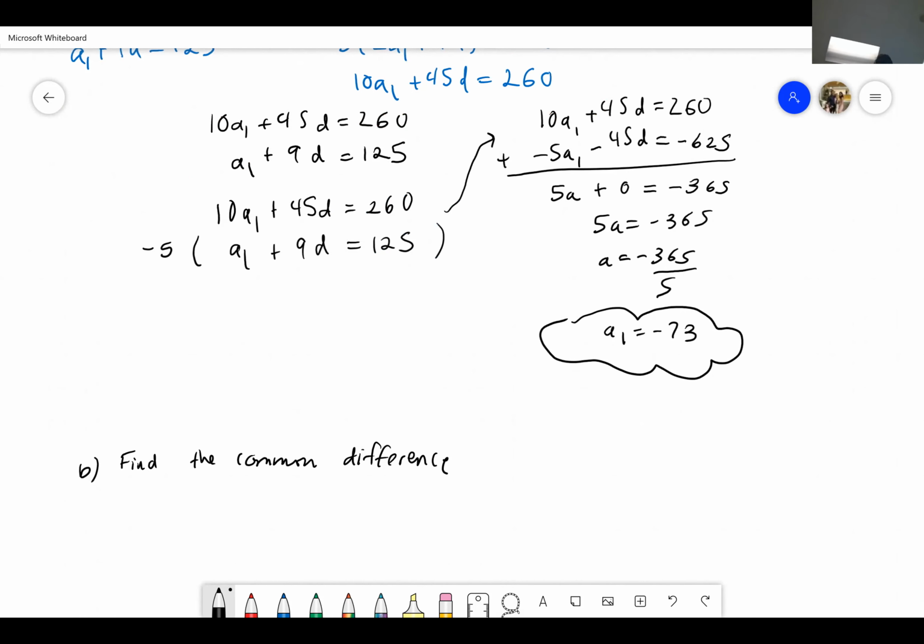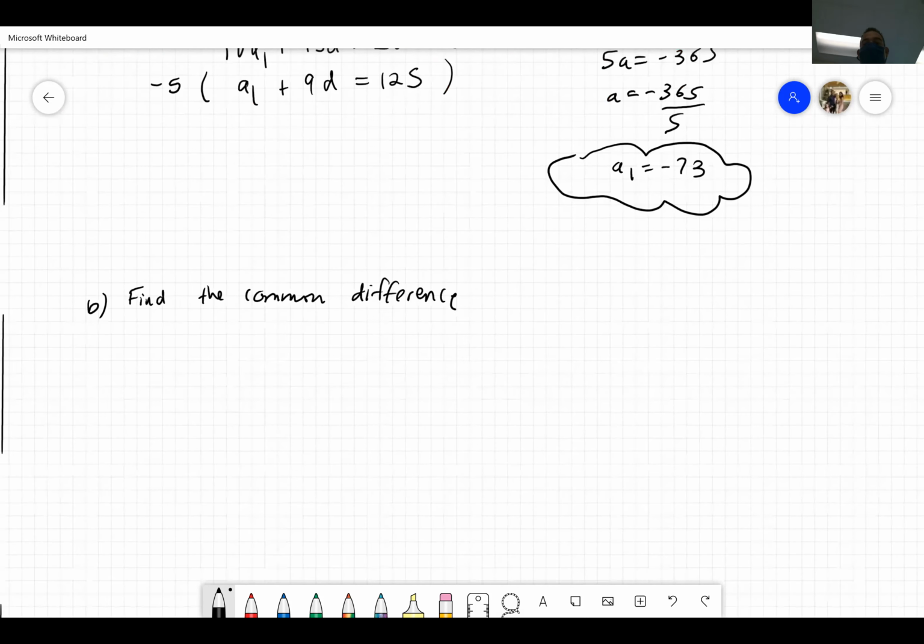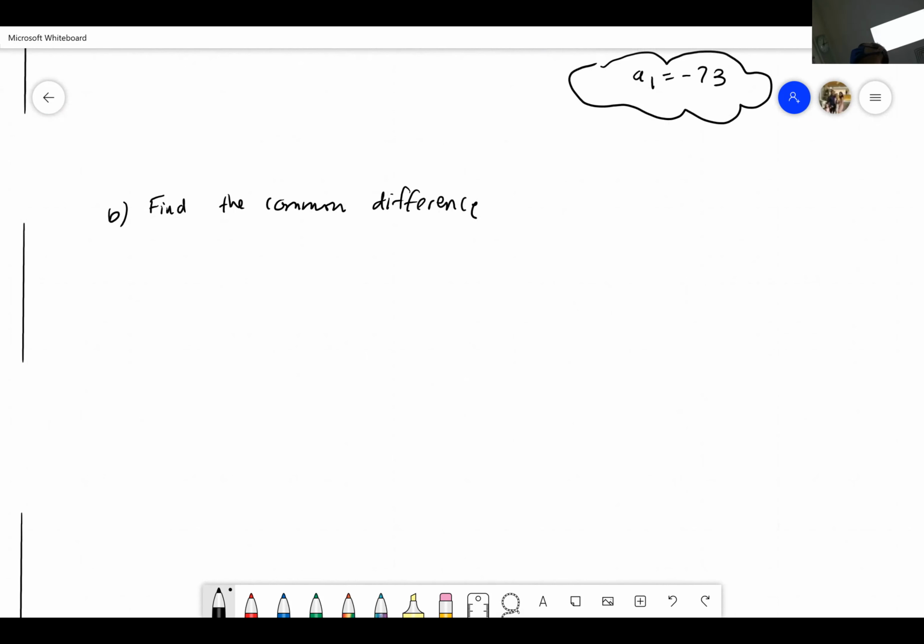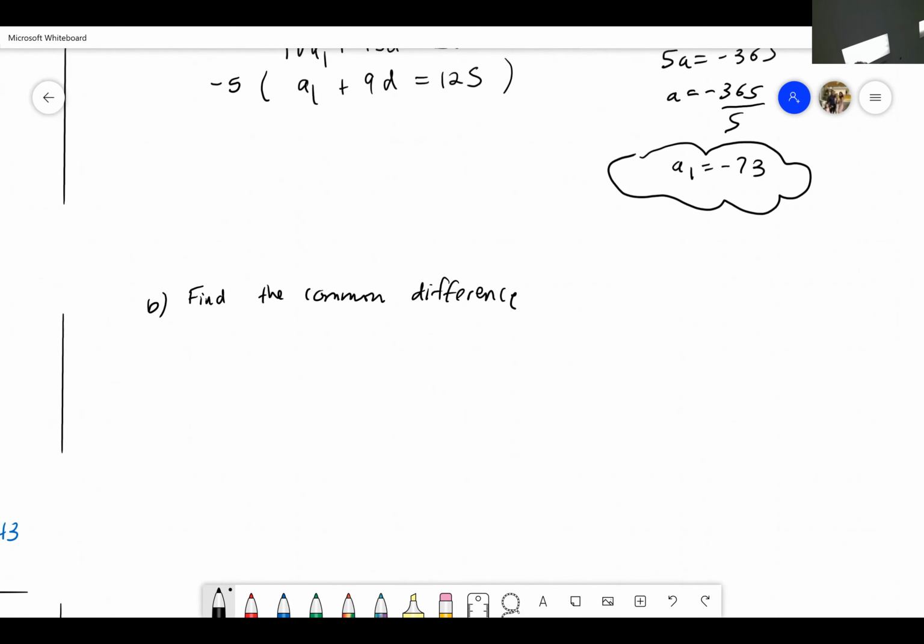Now, if you go to the next part of the question, it says find a common difference. And the great thing is that we already found a_1. So you can go back to any one of these original ones. I'm going to use a_1 plus 9d equals 125. I'm going to substitute negative 73 here and solve.